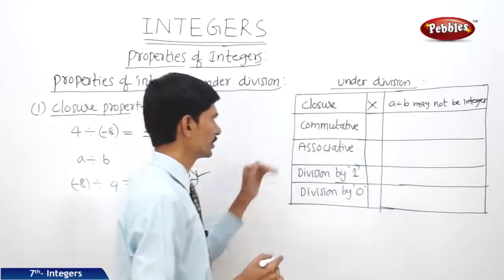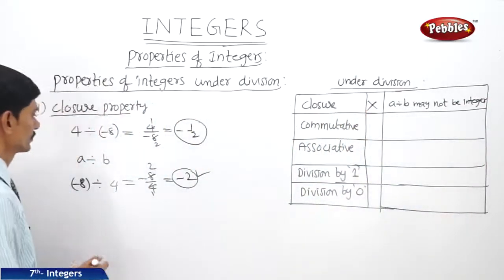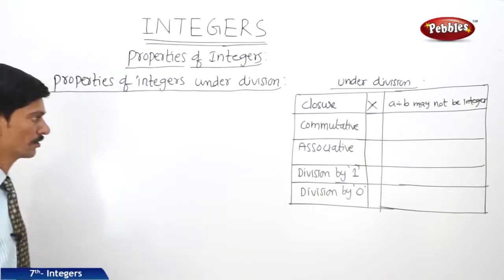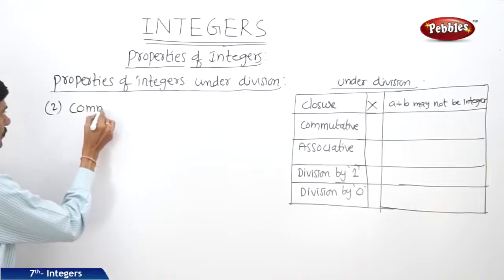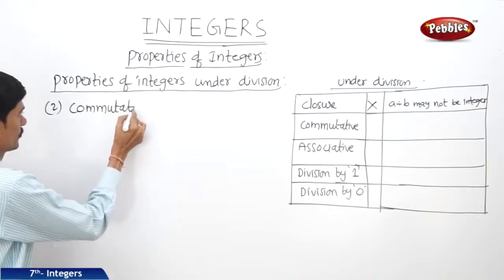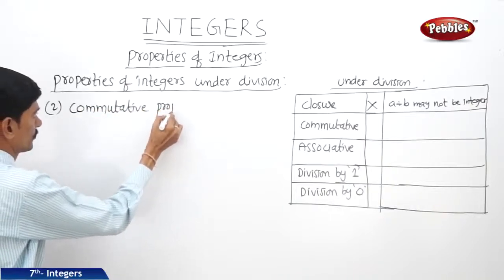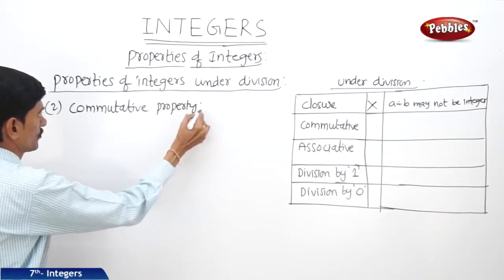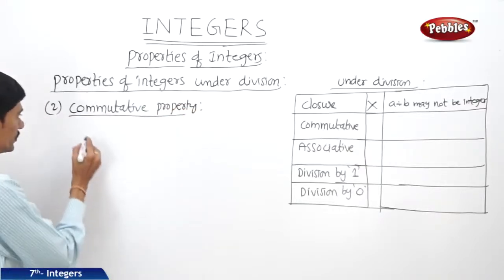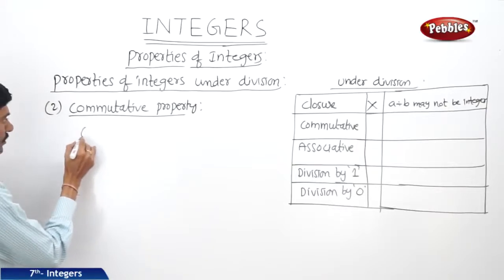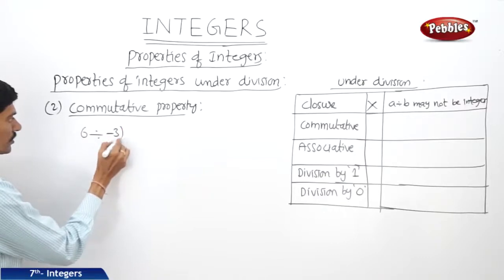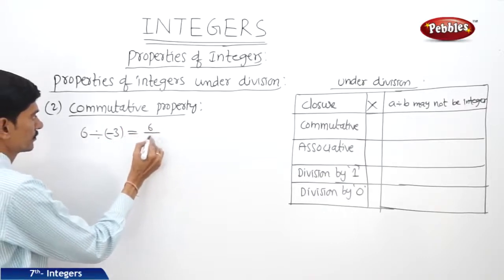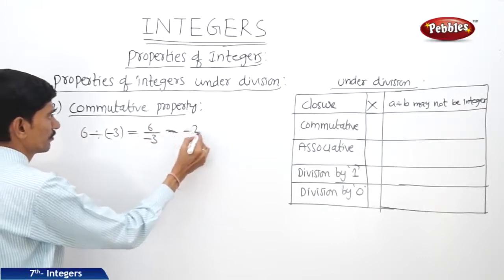Now let us check the commutative property. Now 6 is an integer, then 6 divided by minus 3 equals 6 by minus 3 equals minus 2.